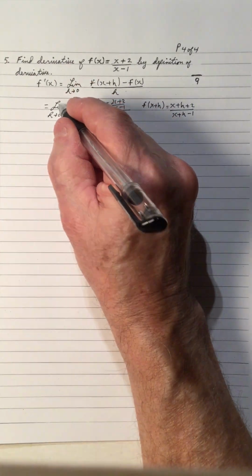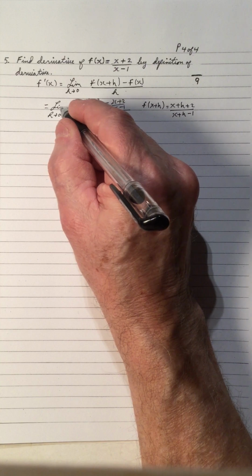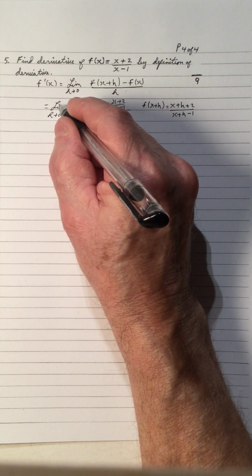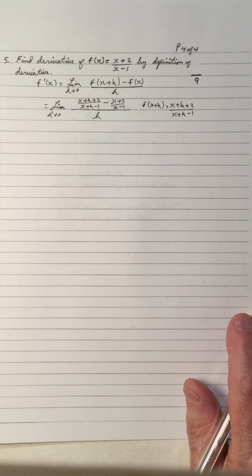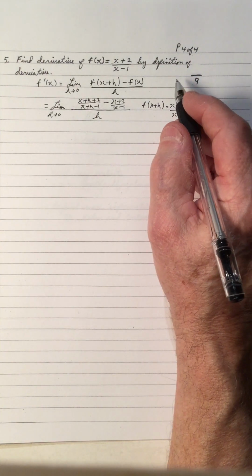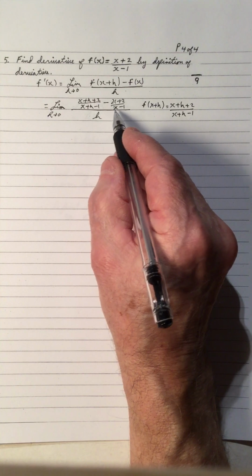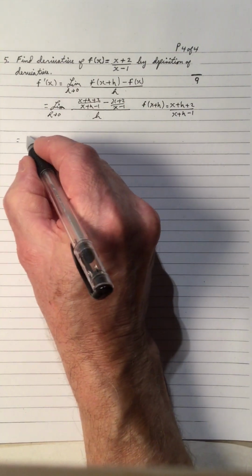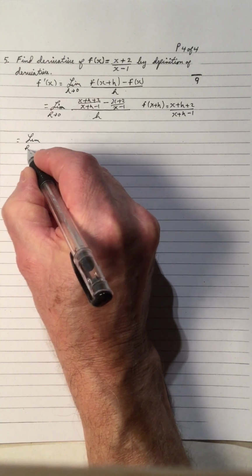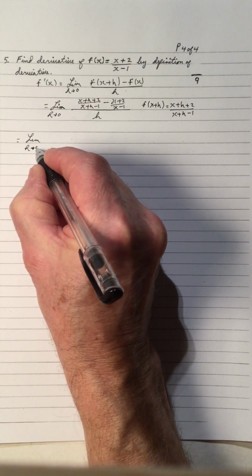Now, there's another way to do it, but we have to learn that later on by the division rule. But we're doing the definition right now because we like to practice the math that we should know. And so let's expand this out. So the limit as h approaches 0.